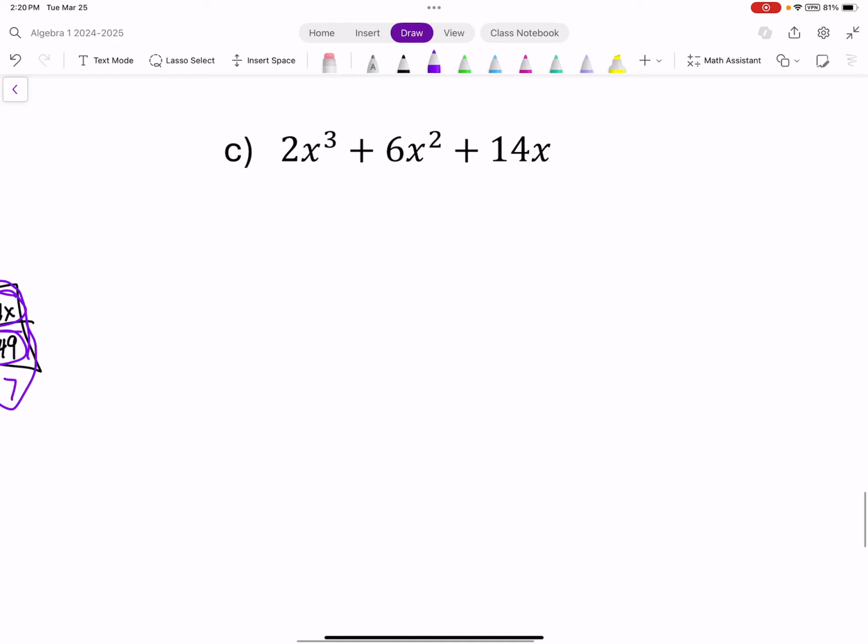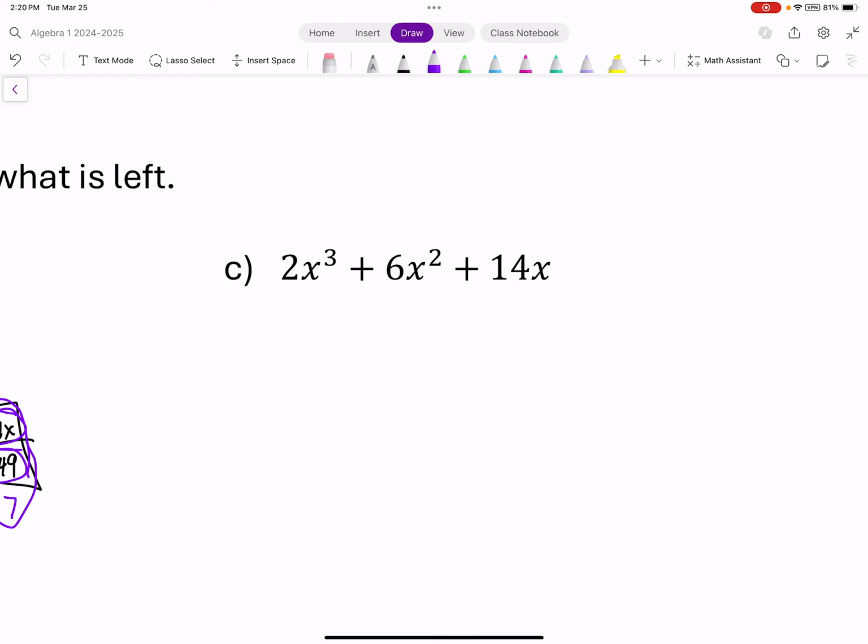All right, and then on the last one, it looks like all of my numbers again can be divided by 2, but they also have an x in common. So I'm going to start by taking out 2x. Here I would have an x squared, then a 3x, and then a 7.